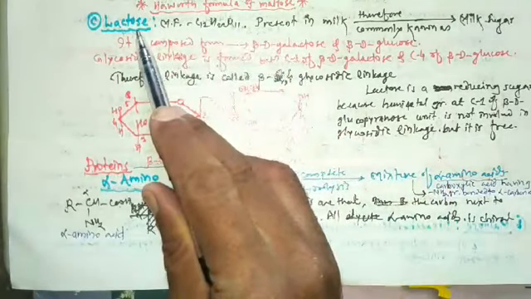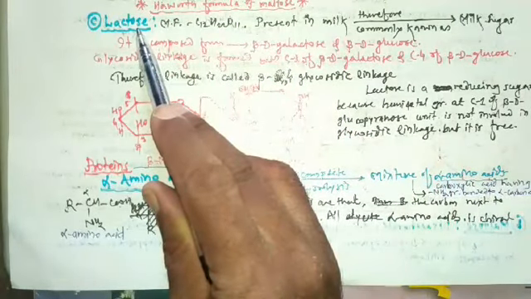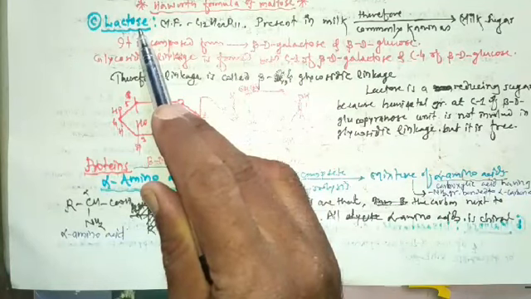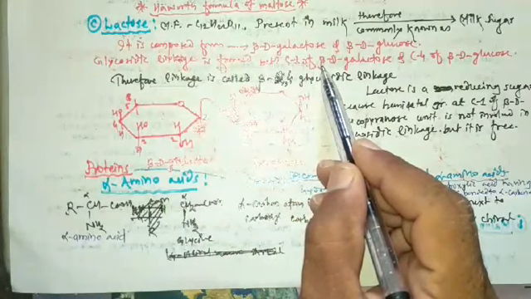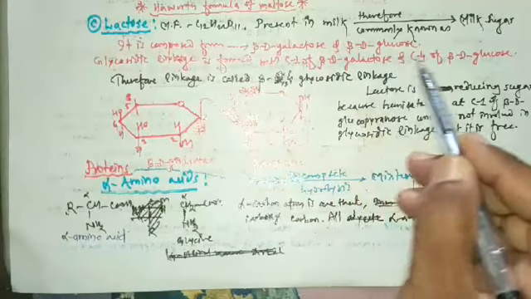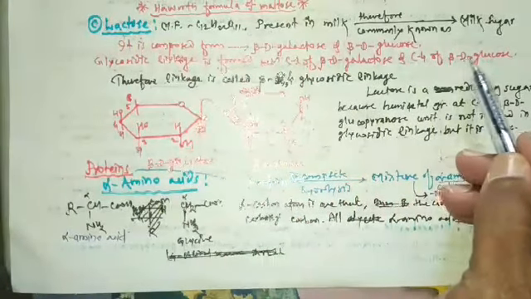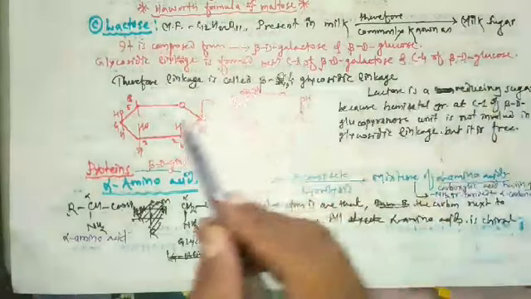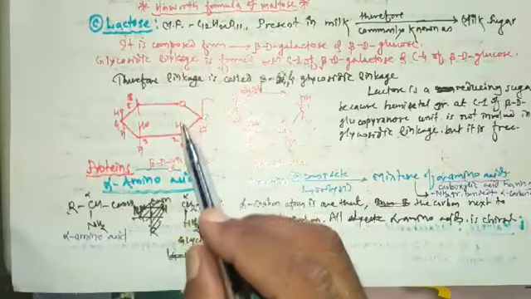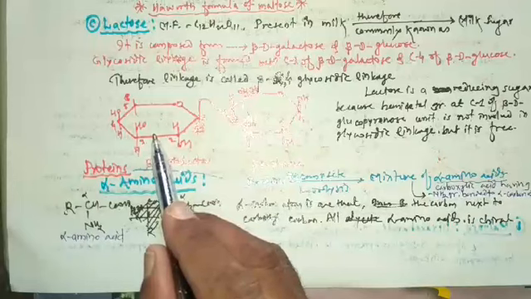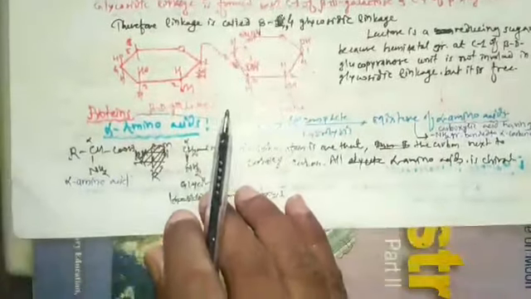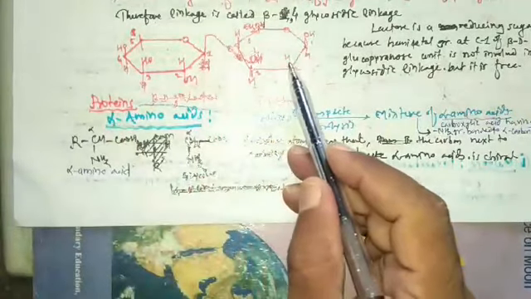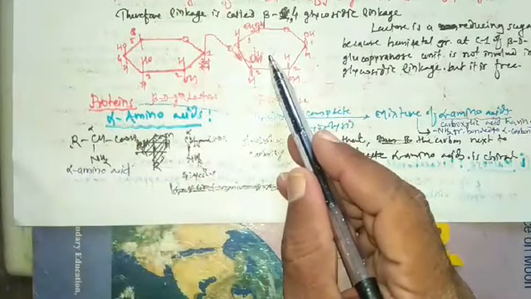This lactose forms when a glycosidic linkage is formed between C1 of beta-D-galactose and C4 of beta-D-glucose. See here the structural formula. This is the structure of beta-D-galactose, and this is the structure of beta-D-glucose.